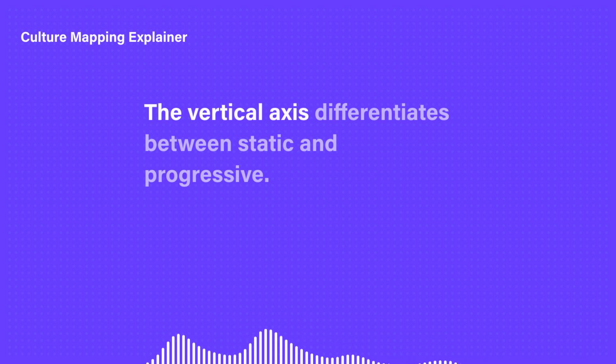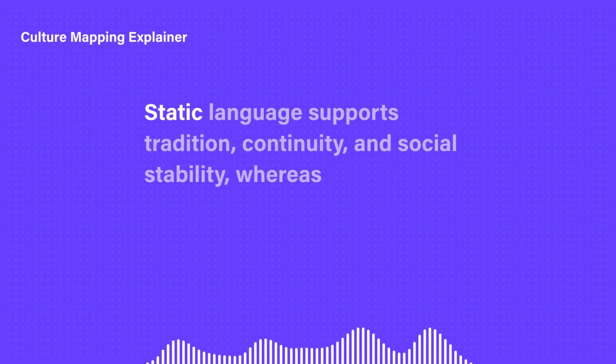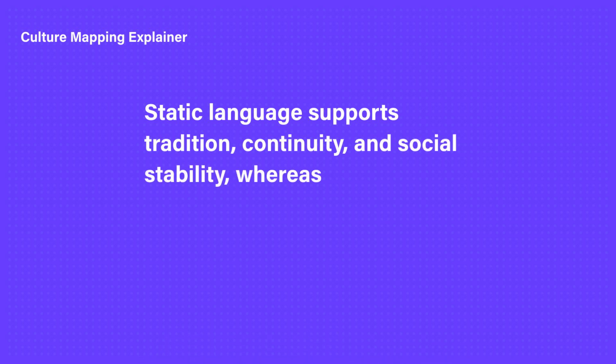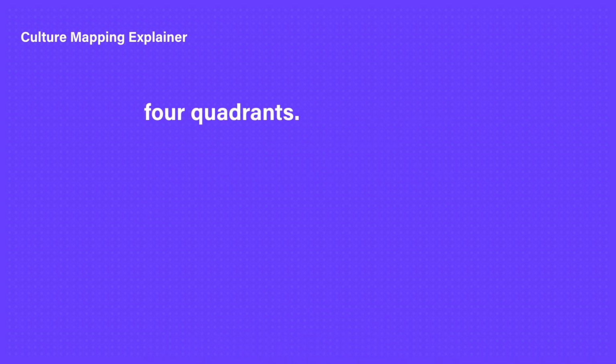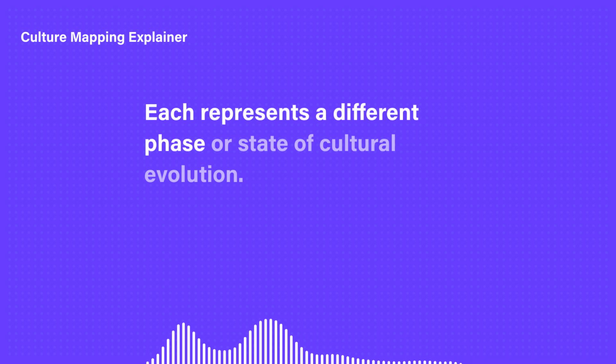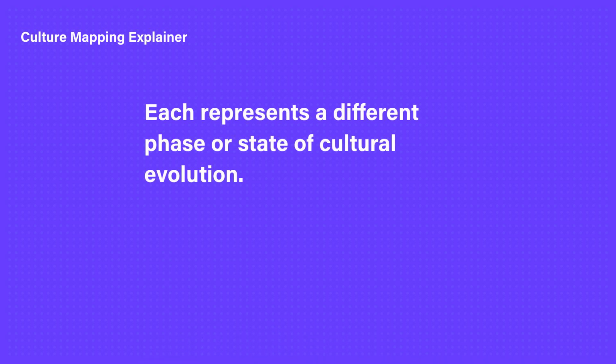The vertical axis differentiates between static and progressive. Static language supports tradition, continuity, and social stability, whereas progressive language seeks to challenge existing norms, encourage innovation, and provoke meaningful change. Where these axes intersect, we get four quadrants. Each represents a different phase or state of cultural evolution.